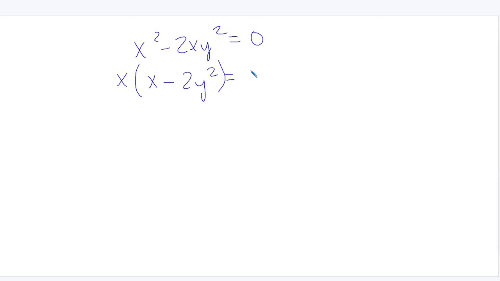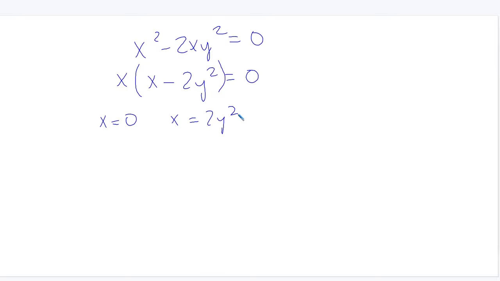So let's do that. That's x squared minus 2xy squared is equal to 0. We can factor out the x from this to get x(x minus 2y squared) is equal to 0. And that gives us x equals 0 and x is equal to 2y squared.